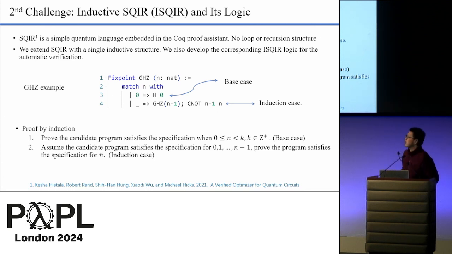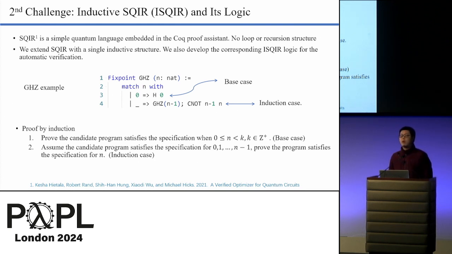In this GHZ example, the key part of the logic is the fixed point rule, which is used to verify a fixed point Squire program. The key idea for the fixed point rule is that it tries to prove a fixed point program by induction. Suppose that the QSynth searcher has already found a candidate program here, this GHZ fixed point function.